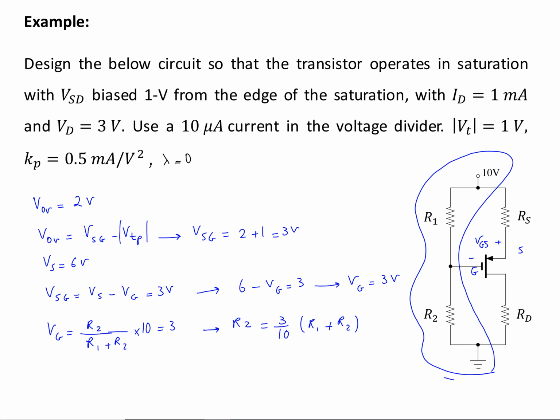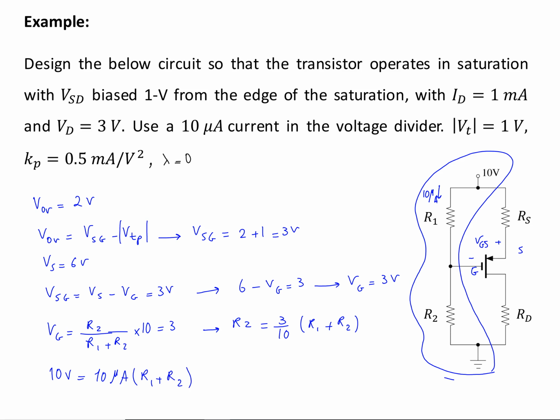Another piece of information that can help me to calculate the value of R1 and R2 is the current that flows through R1 and R2, that is 10 microamp current. So I can write a KVL from 10 volt to the ground, and that's going to tell me 10 volts equals 10 microamp multiplied by R1 plus R2.